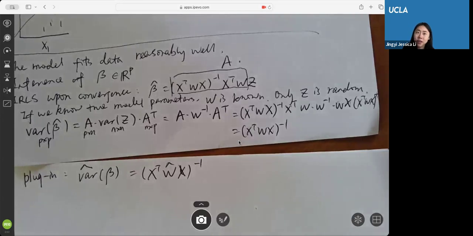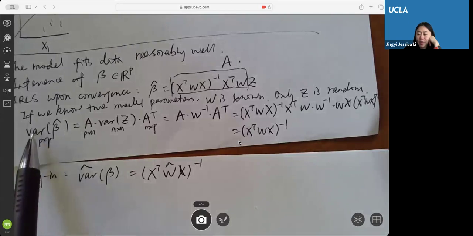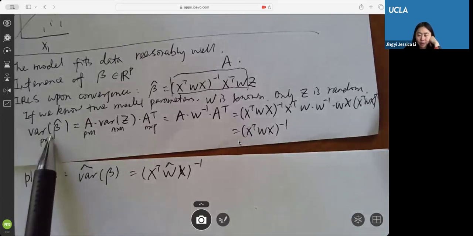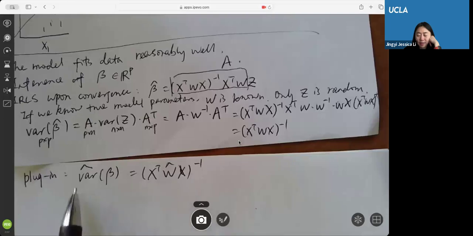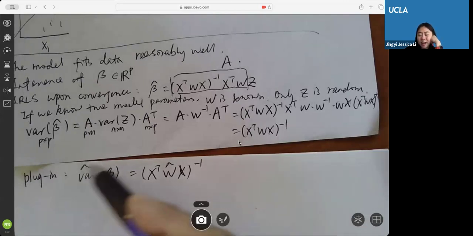Okay, so this can easily get into an infinite loop of randomness. You may say, yes, this variance formula is not random, but when you do a plug-in, as W hat is random, then this variance hat will become random. Do you need to consider the randomness or uncertainty of variance hat? That is a question you can ask, right? And then you can calculate the variance of this variance hat, but that will involve unknown parameters again.